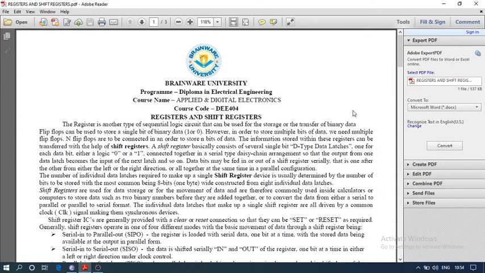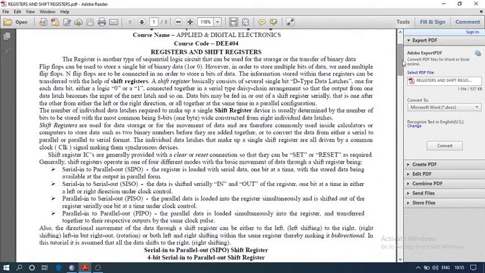On the basis of how the data is entered into the flip-flops, it can be of four types: serial in serial out, serial in parallel out, parallel in serial out, and parallel in parallel out.